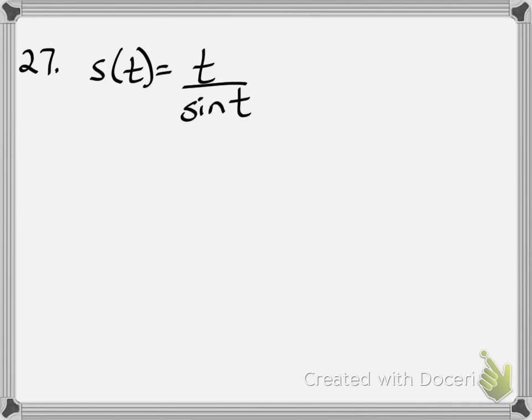Oh, 6.2, 3.1, maybe it's every pi, right? 6.28, that's 2 pi. So that would make sense. Let's back up and look and see what happens at 3.14. 3.04, we're still on that positive asymptote.